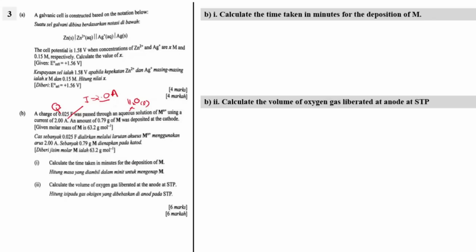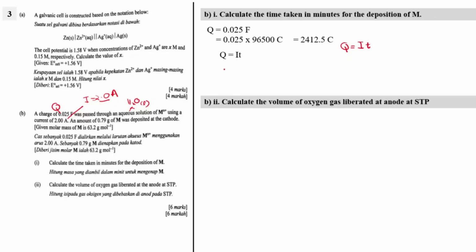So we know that our charge here Q is equal to 0.025 Faraday. And 1 Faraday is equal to 96,500 Coulomb. So we can find our Q in terms of Coulomb to be 2,412.5 Coulomb. So now we can use the formula of Q is equal to IT.